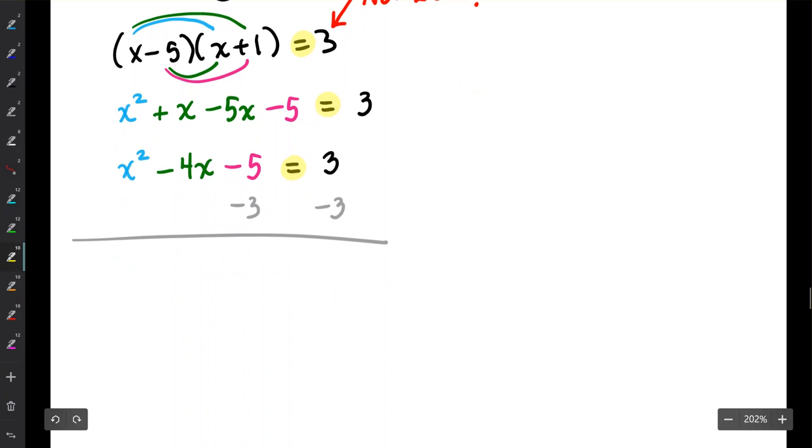All right, so we have x squared minus 4x, and then here are some like terms. -5 minus 3 is -8, is equal to now 0. Yay!